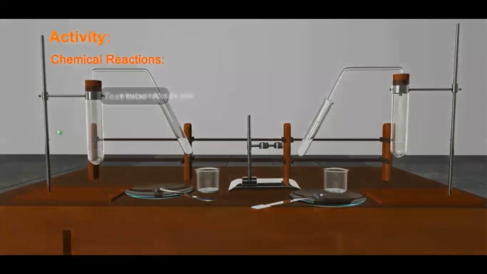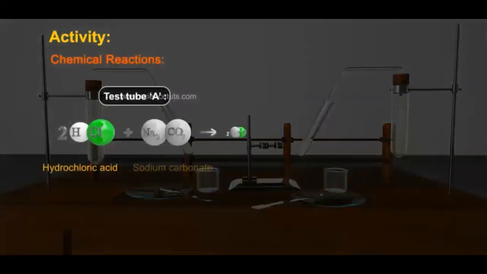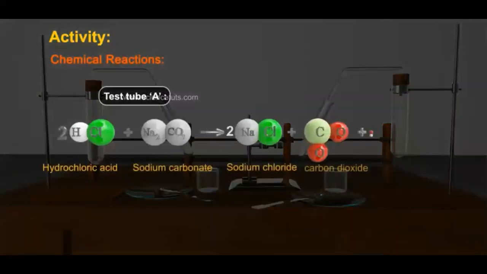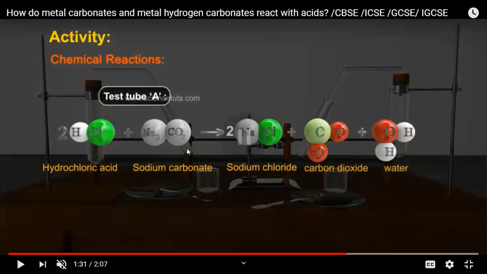In case of metal carbonate, test tube A has metal carbonate, so I've taken sodium carbonate plus HCl, and it will form a salt, NaCl, CO2 plus H2O. As you know, the general reaction says that whenever a metal carbonate reacts with acid, it forms salt, carbon dioxide, and water.